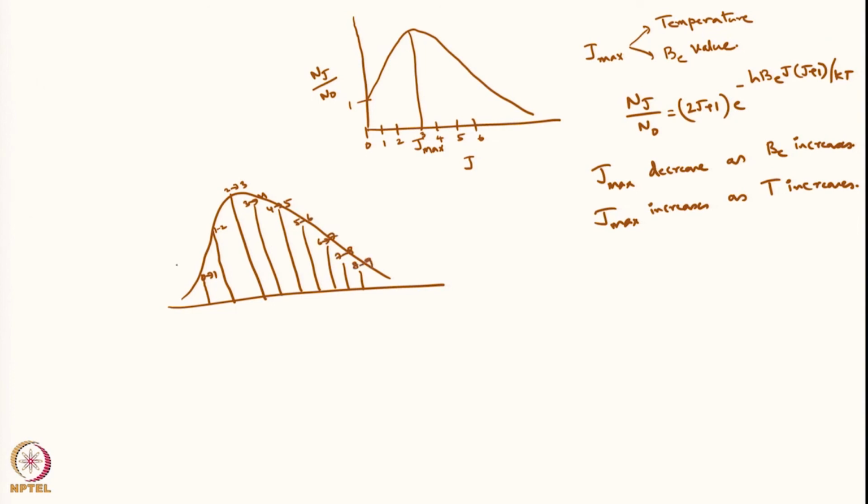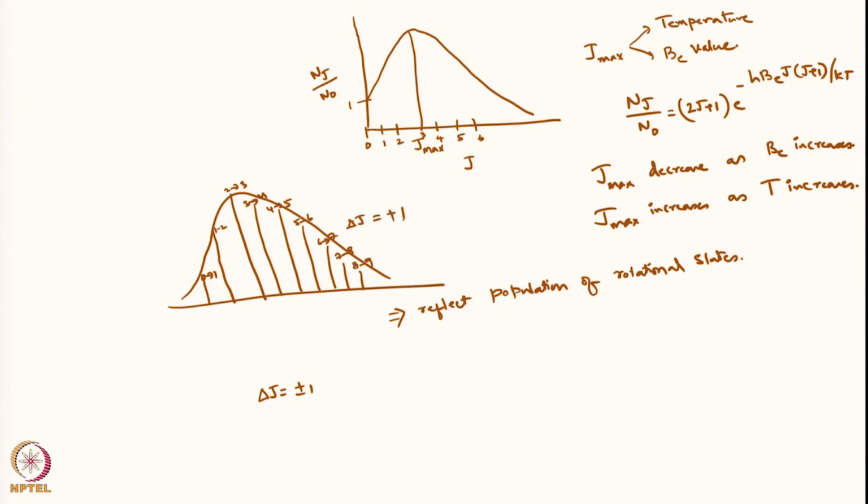So this profile will reflect the population of rotational states. Now there is one more thing, we would say that delta J is equal to plus minus 1. So this all corresponds to delta J is equal to plus 1.